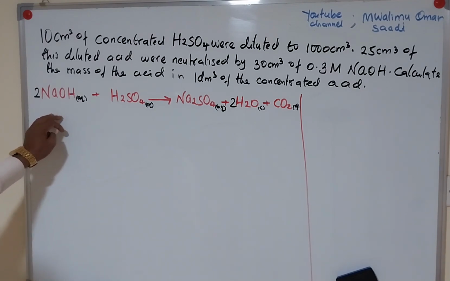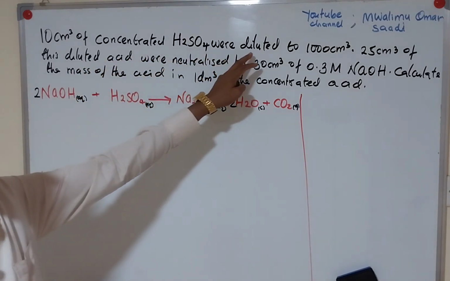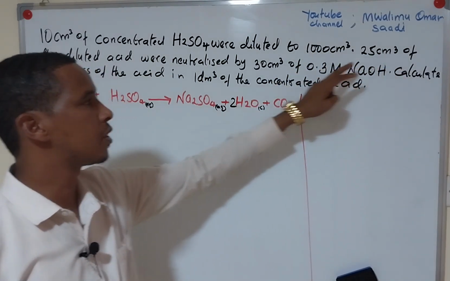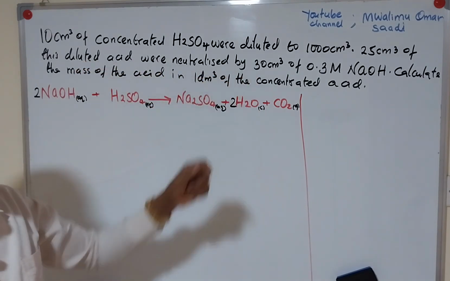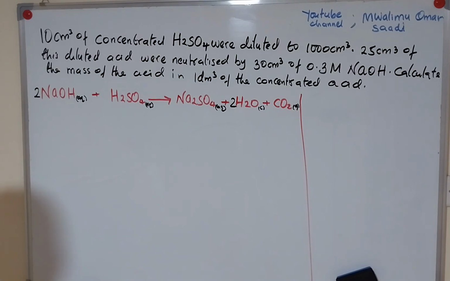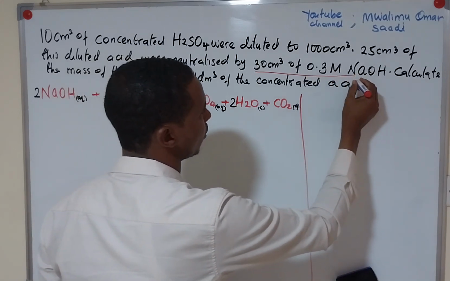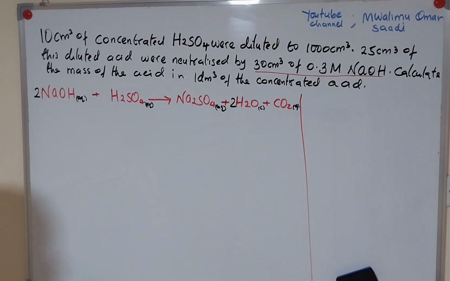Our question was saying 10 cm³ of the concentrated sulfuric acid were diluted to 1000 cm³. 25 cm³ of the diluted acid were neutralized by 30 cm³ of 0.3 molar sodium hydroxide. So that is where we will get our number of moles of sodium hydroxide.